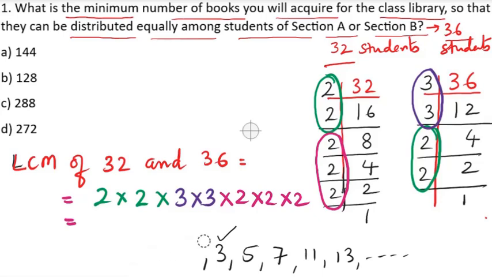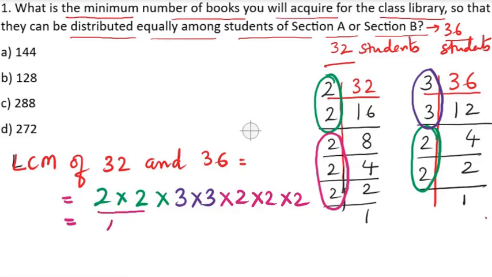Let's clear this first. Now this 2 into 2 will be 4, 3 into 3 is 9, 2 into 2 into 2 is 8.